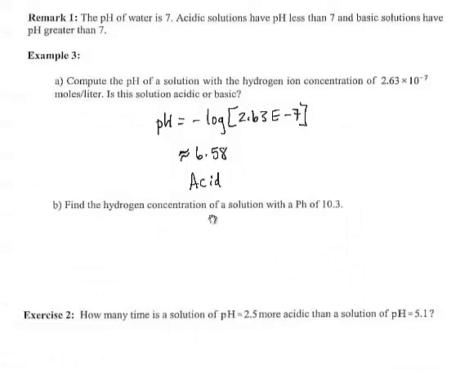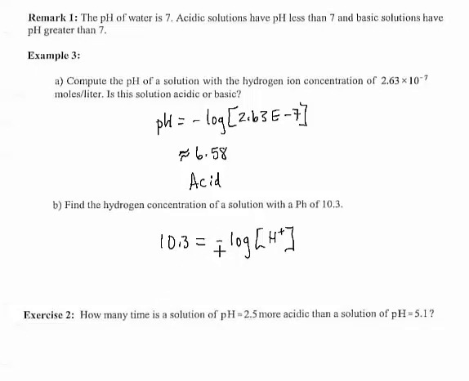What is the hydrogen concentration of a solution with a pH of 10.3? So here we actually replace the pH on the left side of the formula. We write 10.3 equals minus log of H plus. So we have to convert this to an exponential.